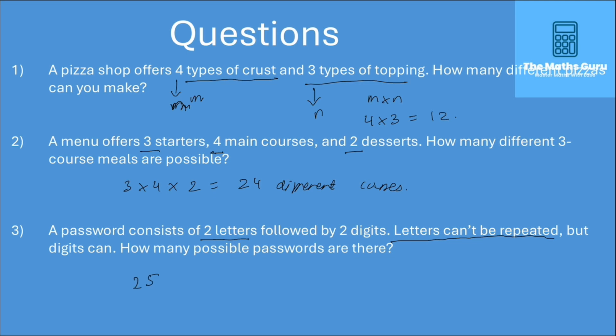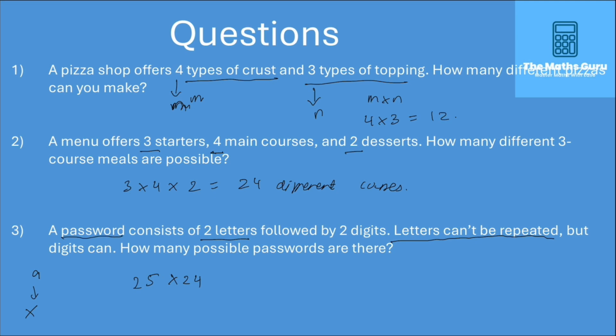It then tells us letters can't be repeated. So once we've chosen one, that letter cannot be chosen again. So say we choose A, we can no longer choose A in our second pick. This means that instead of choosing from 25 options, we choose from one less than that because one of these is frozen out and cannot be used again. So there's 24 different combinations that we can use. So 25 times by 24. And that is the first half of our password.